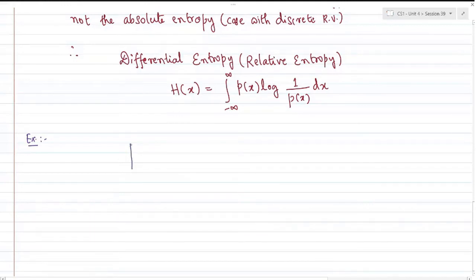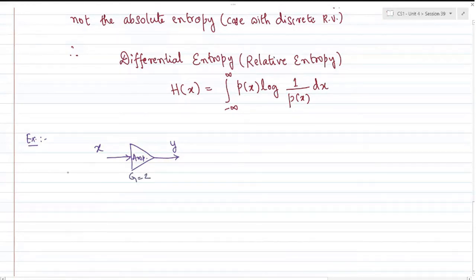So we can take an example which is passed through an amplifier. Just take an amplifier where there is some input and certain output. Let us take that the input random variable is x and the output random variable is y, which are continuous in nature. Let us say that the gain of this amplifier is 2.